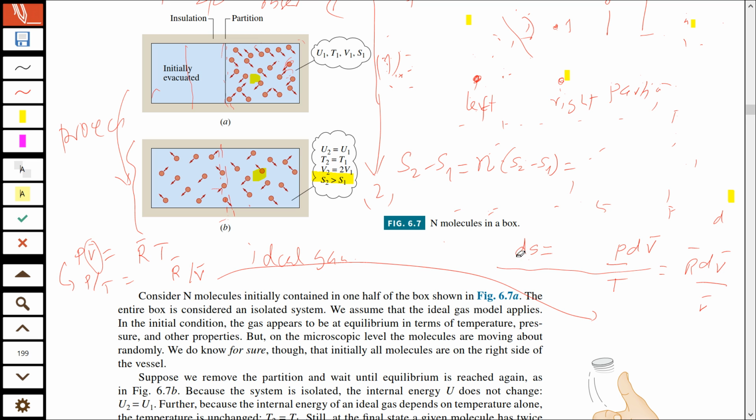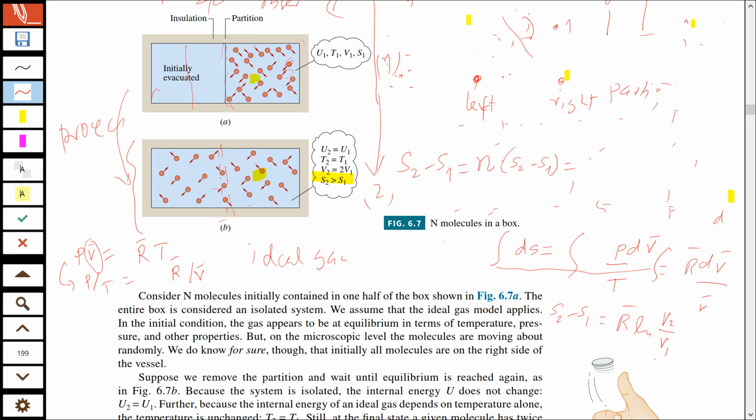So now if I integrate this equation on both sides, what do I get? I'll get S2 minus S1 is R bar log of V2 bar divided by V1 bar. And it's the same as V2 over V1 क्योंकि उसमें कोई फर्क नहीं है.